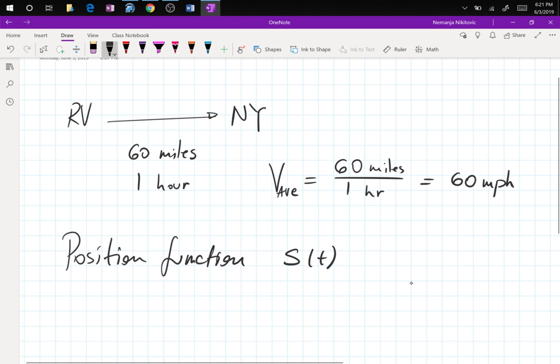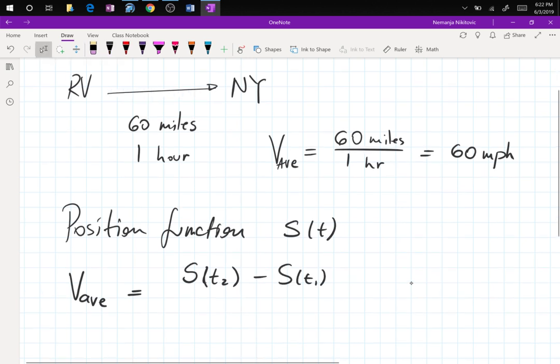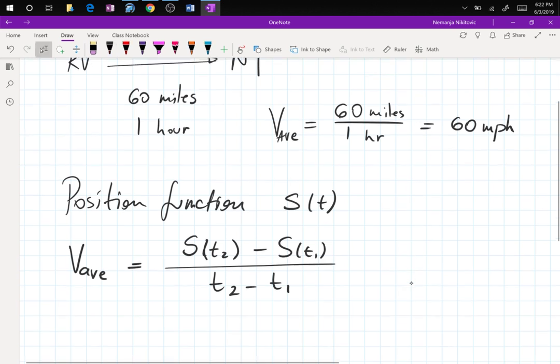And to get this average velocity, you take S of t2, that's when you got where you're supposed to go, minus S of t1, which is your initial location when you started, divided by t2 minus t1, which is the difference in time, so how long you were driving for. So this is our calculation, and that's the average velocity to compute.